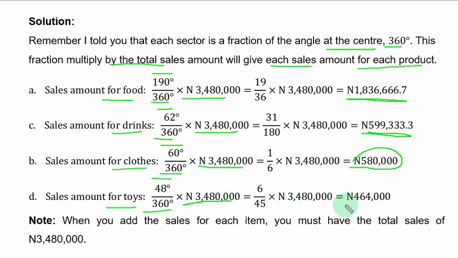That simplifies to 464,000 naira sales amount for toys. Note, when you add the sales for each item, you must have the total sales amount of 3,480,000 naira.